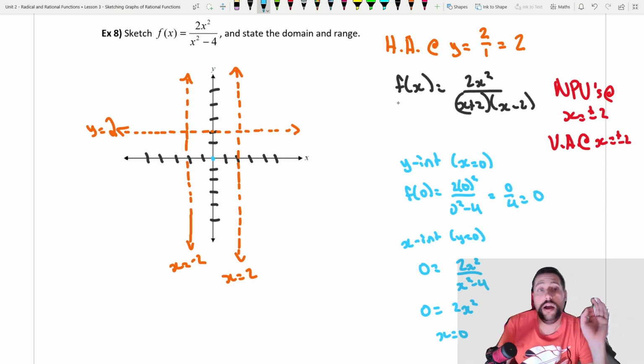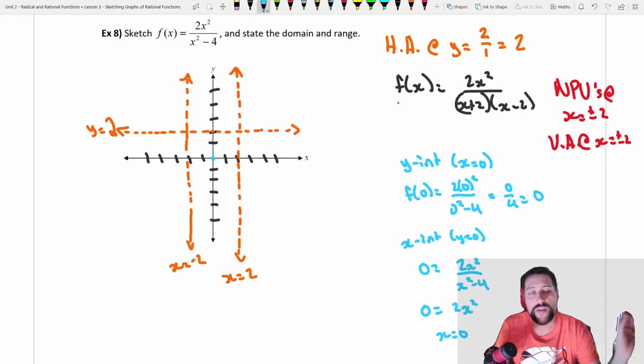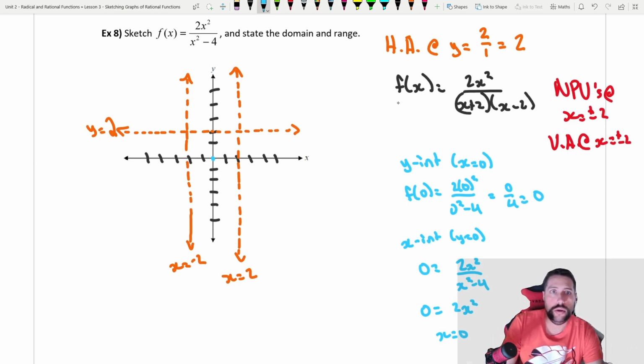Now we need to find points on the far left side and the far right side. For the left side of x is equal to negative 2, what I would do is just go to the number directly next to it, so x is equal to negative 3. So let's try that.